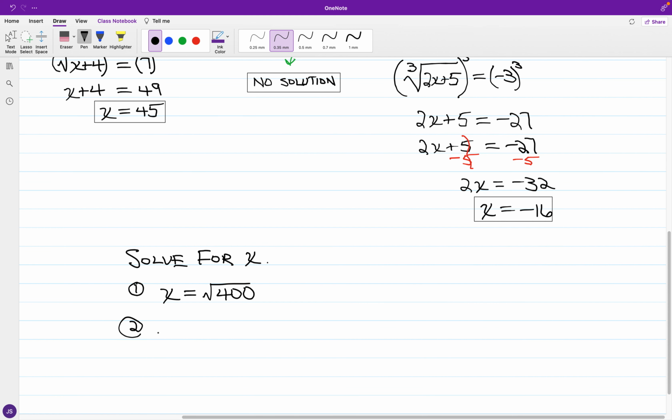Also, where we have the square root of 2x minus 4 is equal to 3. And see also the square root of x plus 2 is equal to -10.